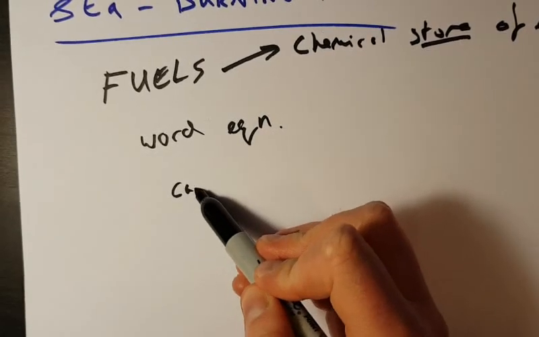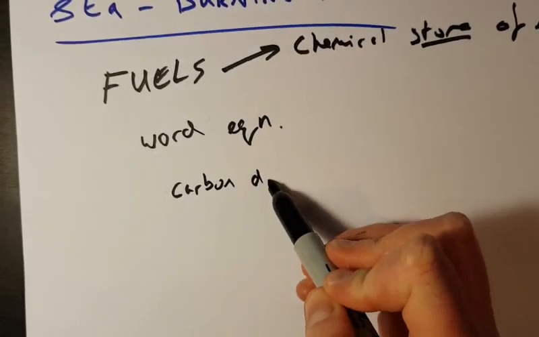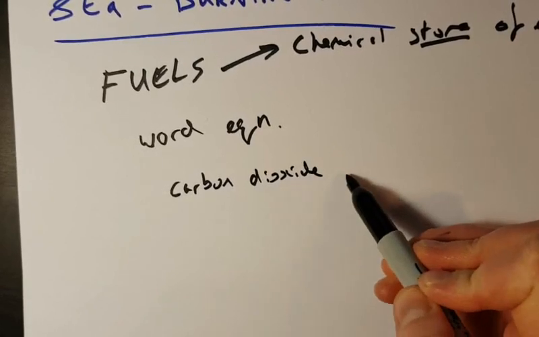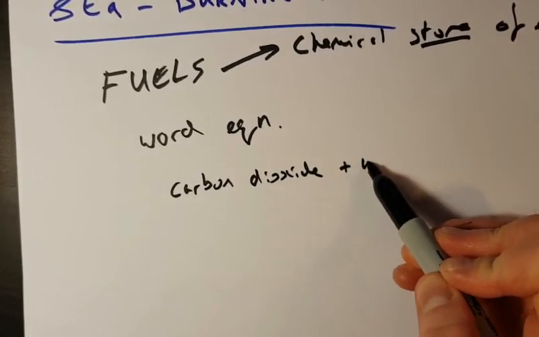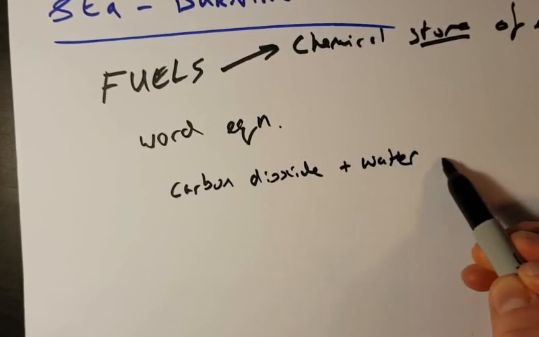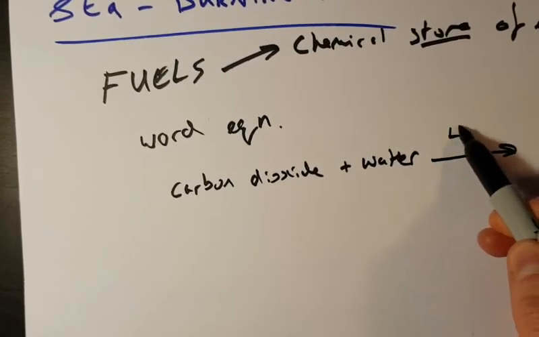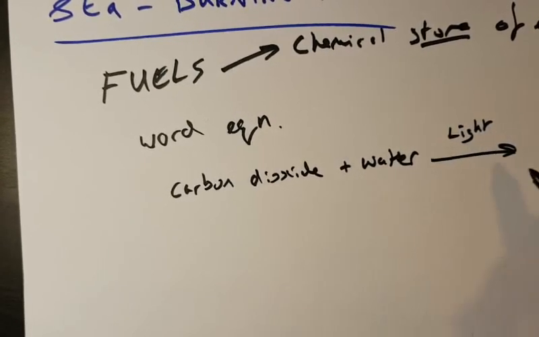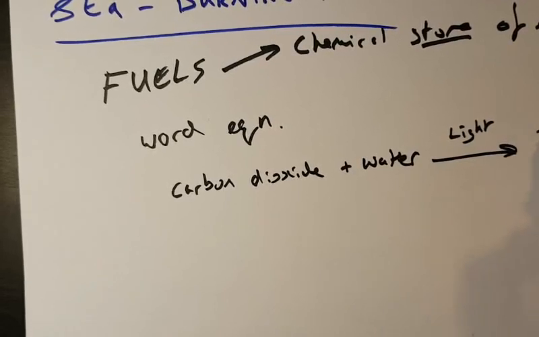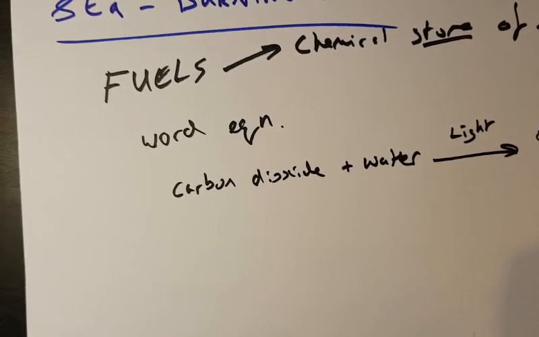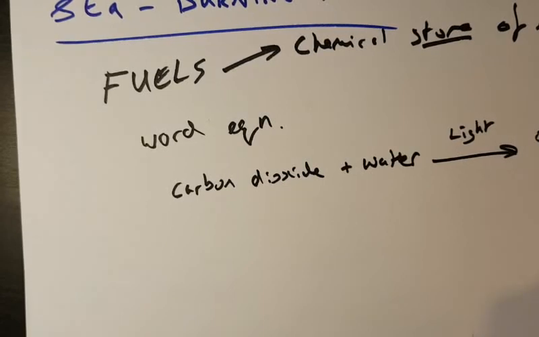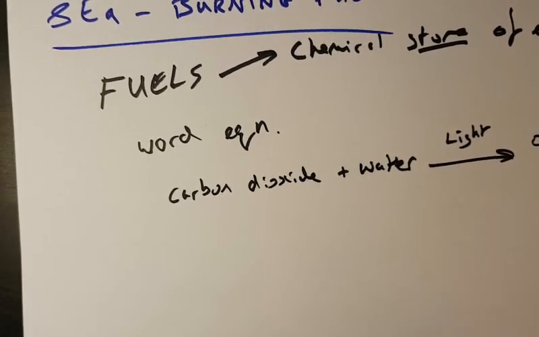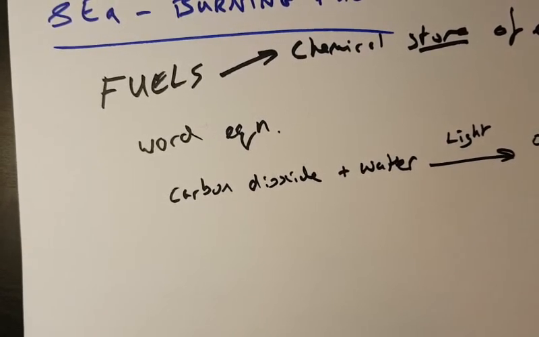We've got carbon dioxide plus water. We use light there as our energy, and we get out oxygen and glucose. So that's our photosynthesis equation. It's the classic equation we hopefully all know.